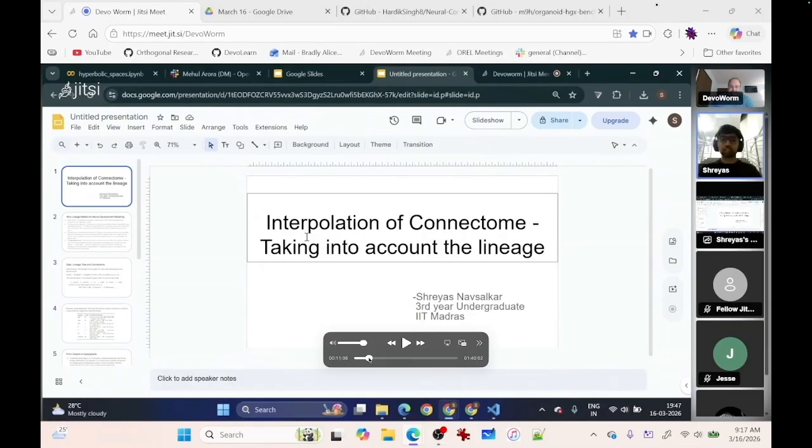And then Shreyas gave his presentation on his work that he's proposing in terms of interpolating the connectome. So he's thinking about the C. elegans connectome, which is a fairly small connectome and is well characterized. And he has that data set and he's interested in integrating the lineage. So he's looking at these graph neural networks that are time dependent.